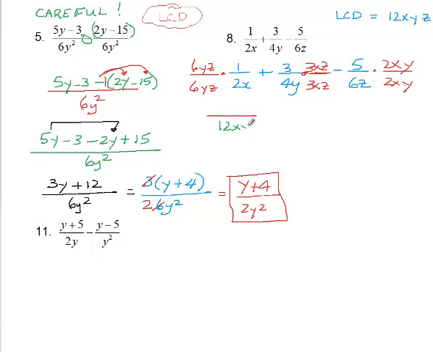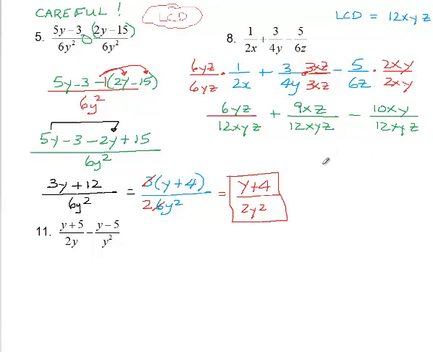So 12xyz on the bottom, and 1 times 6yz is 6yz, plus here I get 12xyz, and on top I get 3 times 3 is 9xz. Subtracting, again I get 12xyz, and 5 times 2 is 10xy on top here.